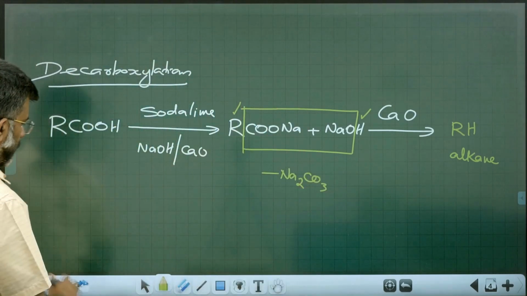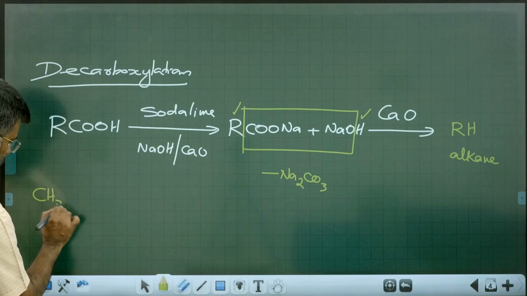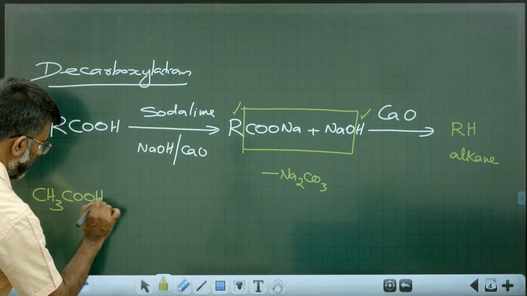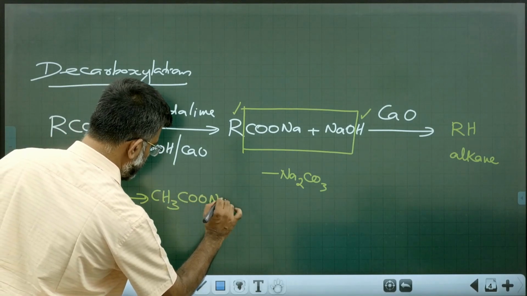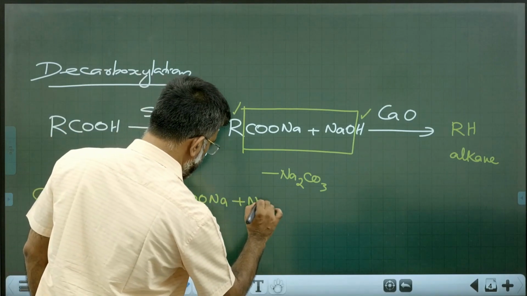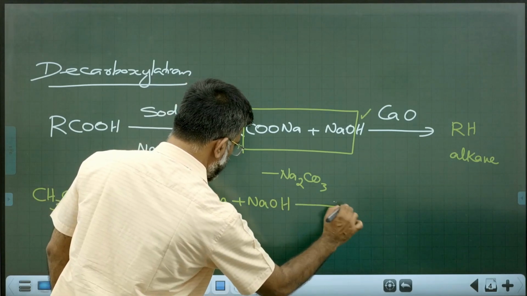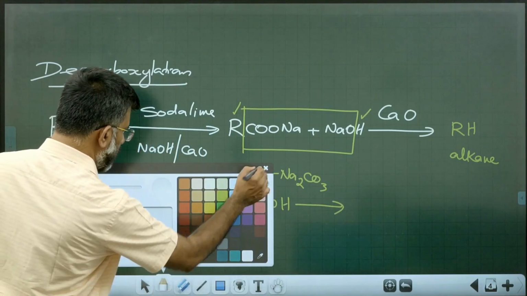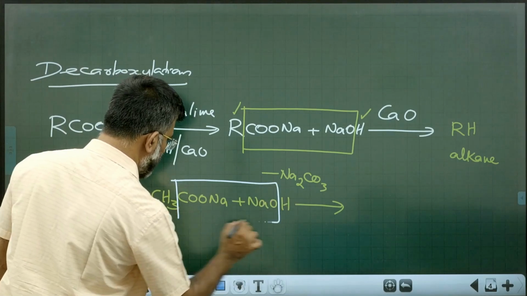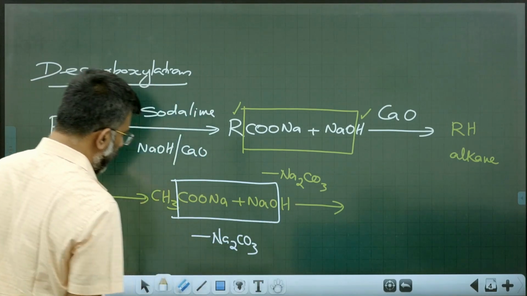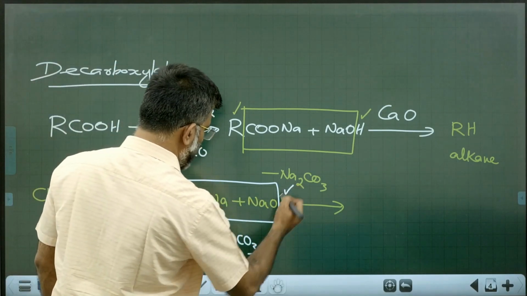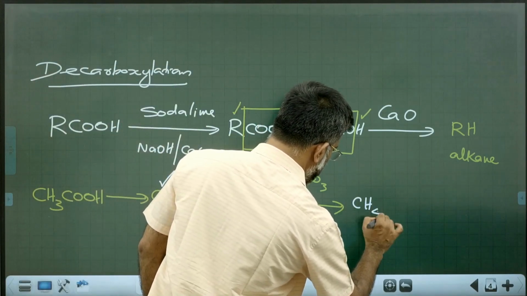If you take ethanoic acid, CH3COOH, you will get sodium ethanoate, and that interacting with NaOH, the reaction can be understood as happening so: Na2CO3 comes out, CH3 with H, the product is CH4.